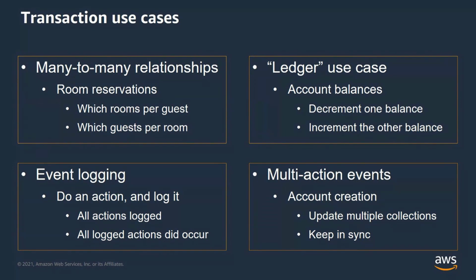So if you go to reserve a room, we update the guest's profile to tell them they've now reserved a certain room on a certain day, and we update the room profile to indicate that we've got a reservation by a particular guest on a particular day. So we need those two things to happen at the same time. We wouldn't want that information to get out of sync.